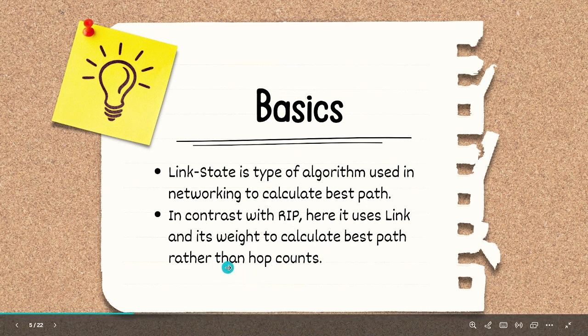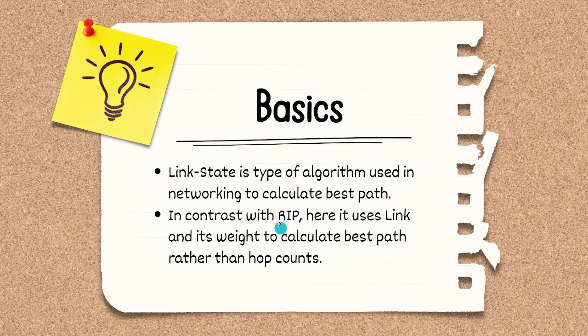So rather than solely depending on the total hop count, as in RIP, we are going to look at the weight of each and every link that we are going to take towards the destination. And how exactly is this happening? Let's just look at it.